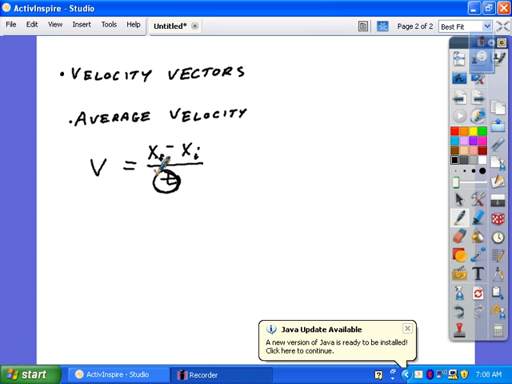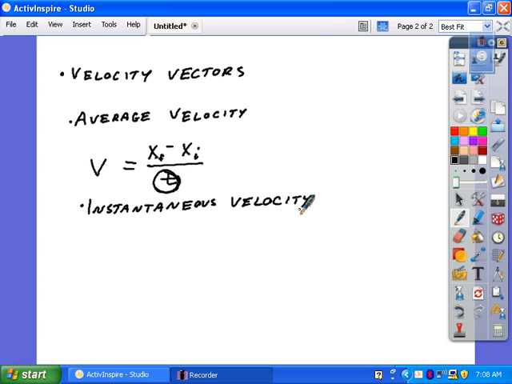What we are going to be talking about now is instantaneous velocity. The difference between instantaneous velocity and average velocity is, obviously, average goes over a long period of time, instantaneous is over a very short period of time. In this case, instead of talking about time as a discrete number, we're talking about an infinitesimally small piece. So instead of having delta x over delta t, which means a position changing over some period of time, this would be your average velocity.